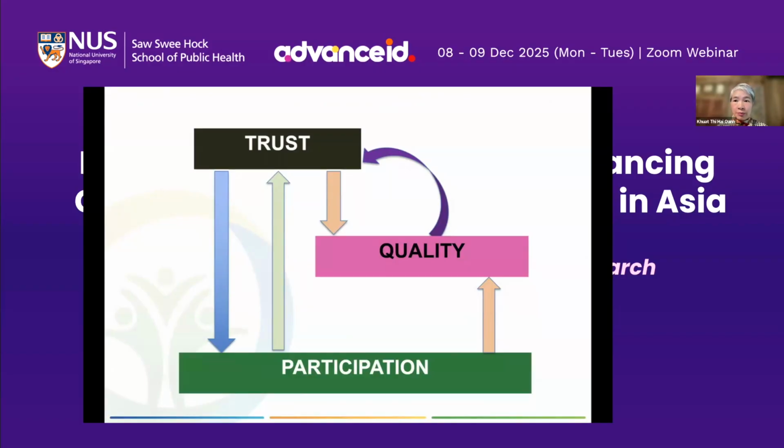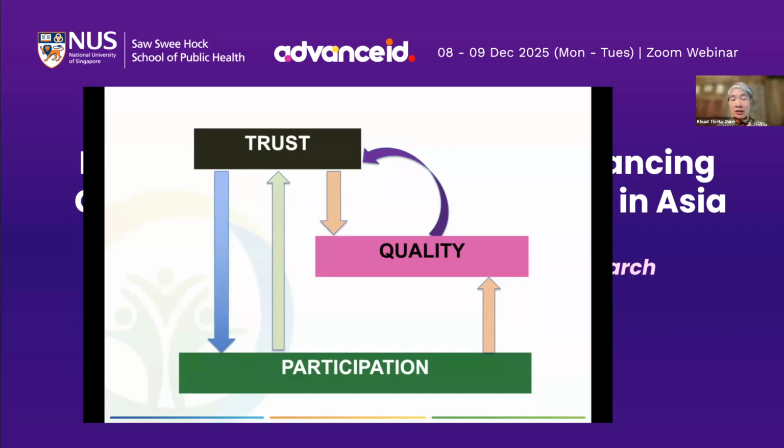In order to get people to participate, they need to trust you. And if they participate and have a positive experience, it will increase the trust. And if they trust you, they can be honest with you, they can share their information, they can engage with you, give you feedback, etc. So that would improve the quality of the research.